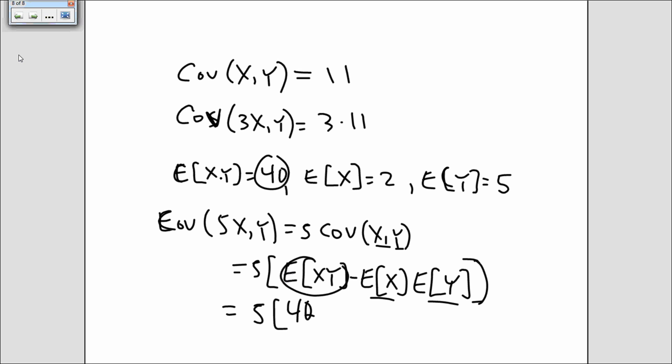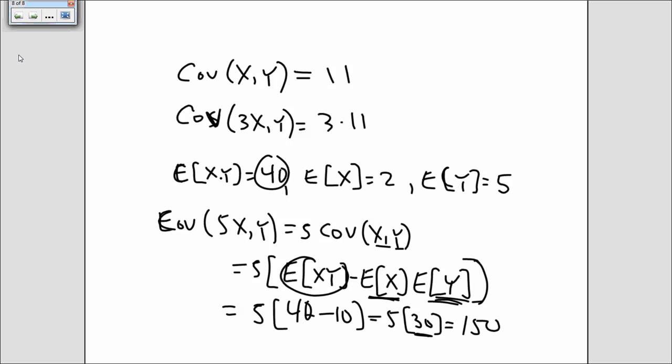Say E of XY is 40, minus 2 times 5, which is 10. Minus 10, so you get 5 times 30. That's the covariance of X and Y. So the final answer will just be 5 times that.